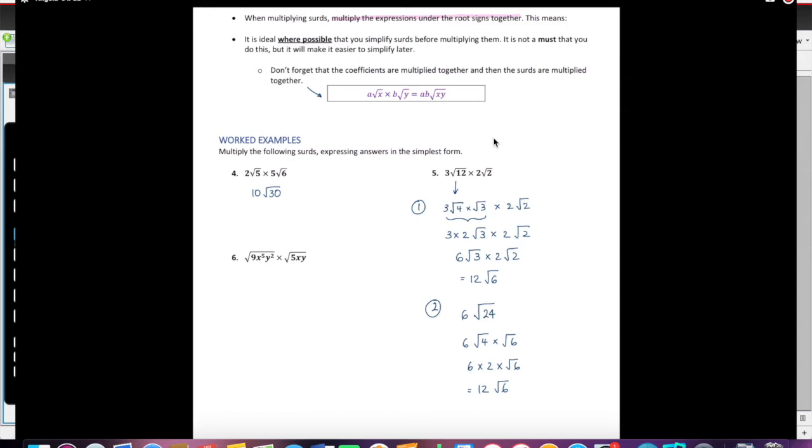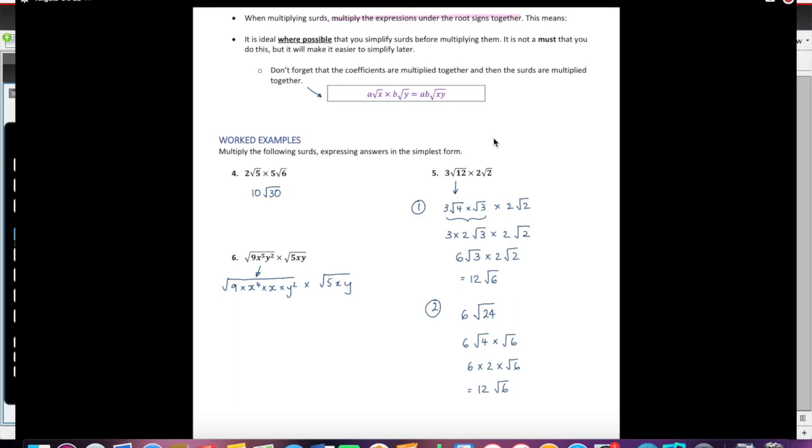So I'm talking specifically about the first part of this, is to write root 9 times x to the power of 4 times x times y to the power of 2 times 5xy. So now that I've done that, it makes it a little bit easier to actually simplify this expression entirely.